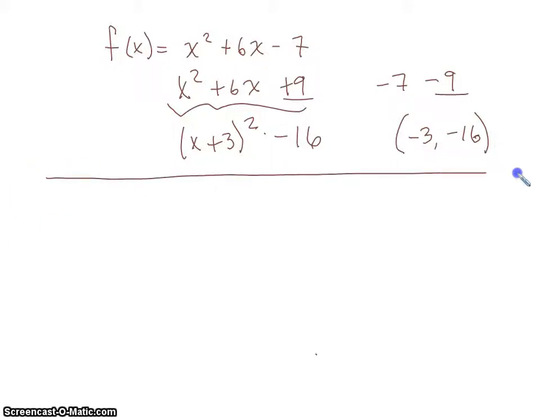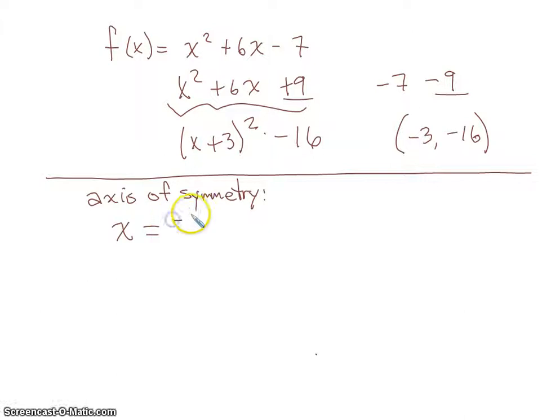There is another way to handle the same question with a slightly different process. And that involves a formula. And for that, the axis of symmetry is found with this equation.